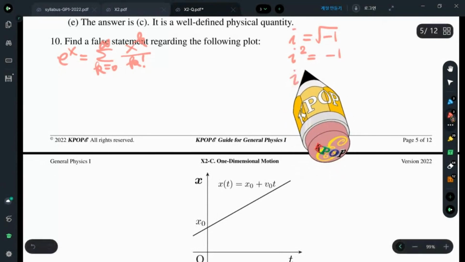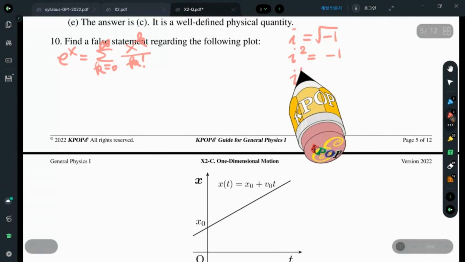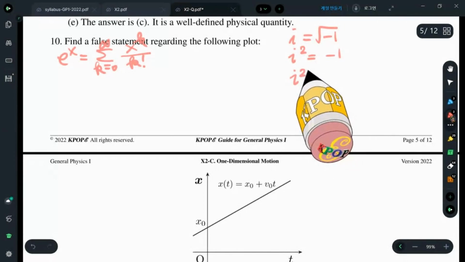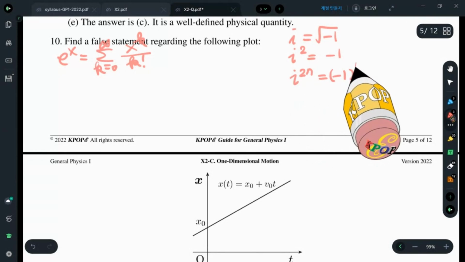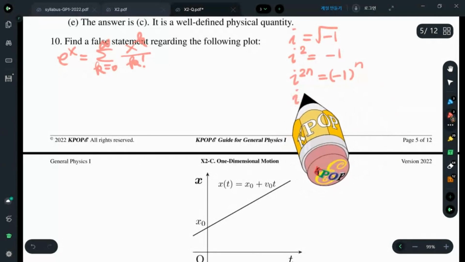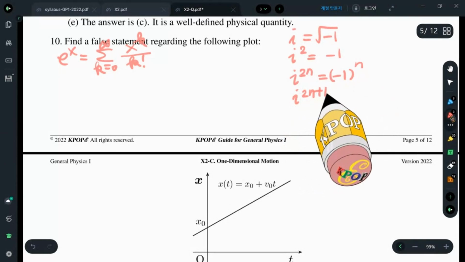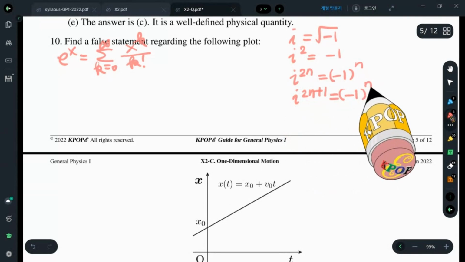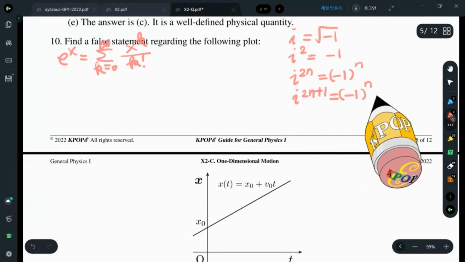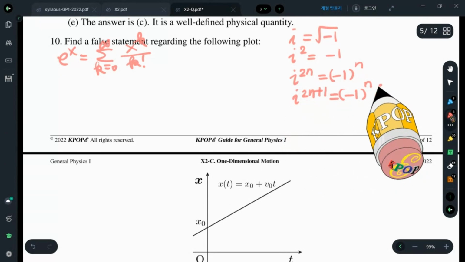And using this relation, i to the 2n equals minus 1 to the n, and i to the 2n plus 1 equals minus 1 to the n times i.